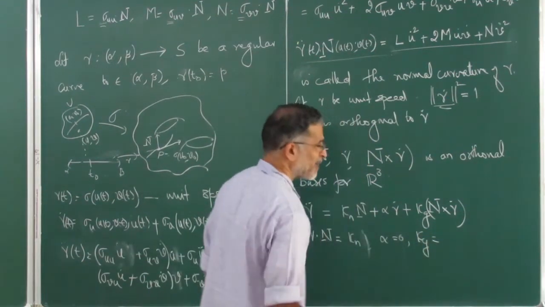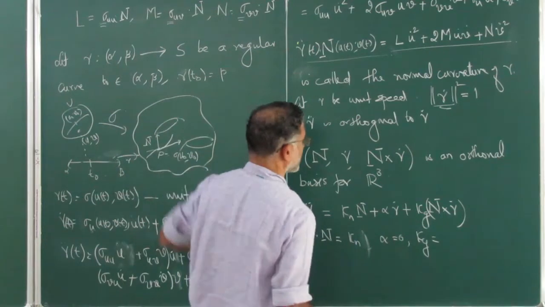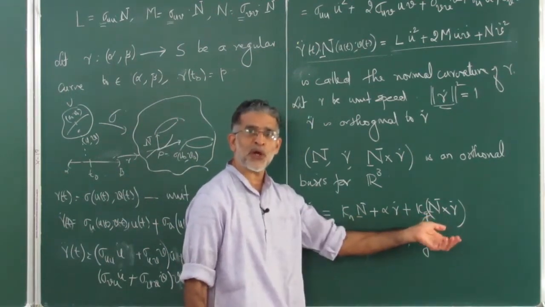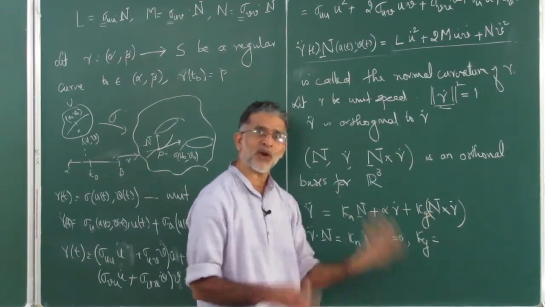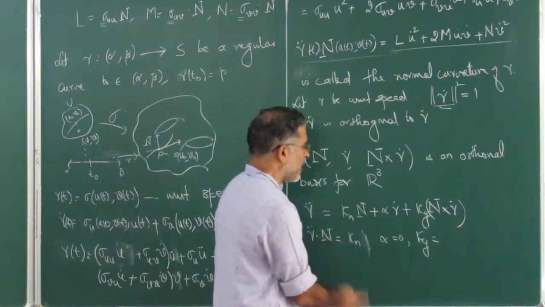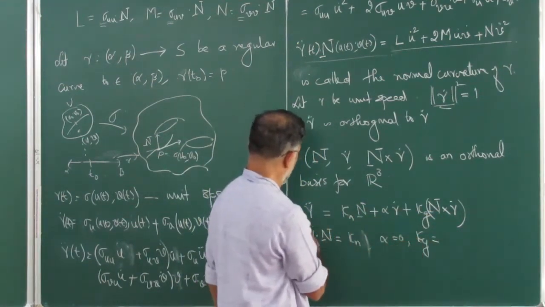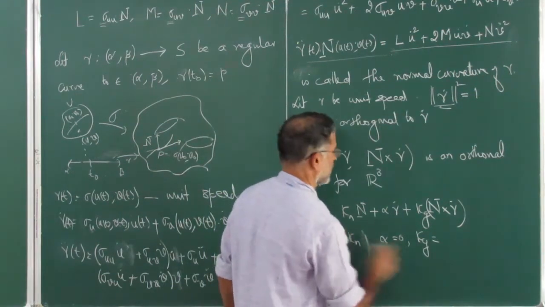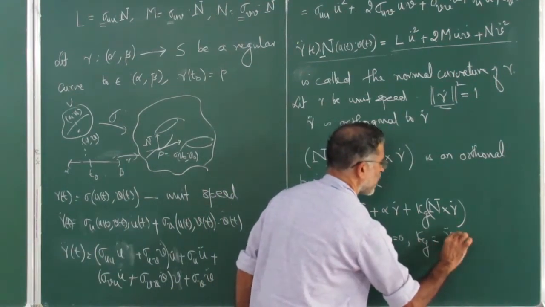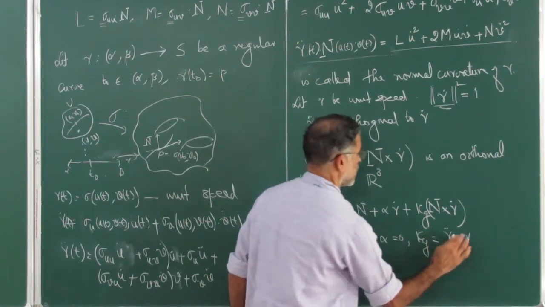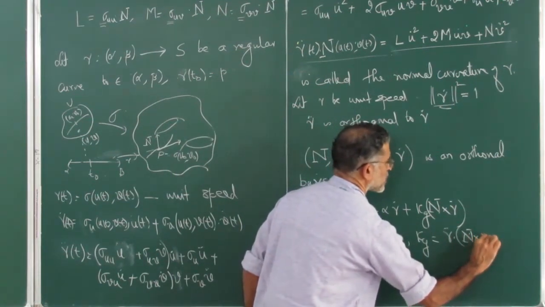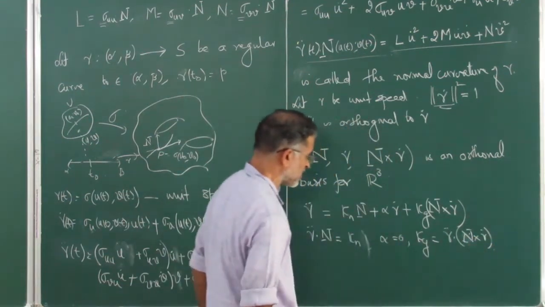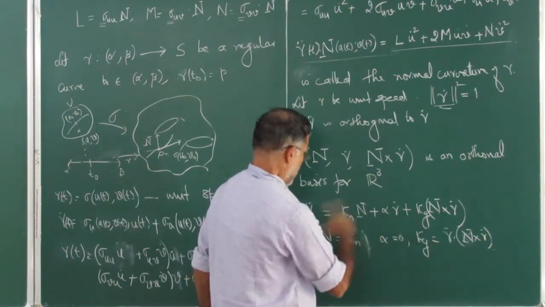What is Kg? This is very standard, as I observed in the beginning. If you have an orthonormal basis and you want the coefficients, just take the dot product with them, and the others automatically go. So now again take gamma double dot dot n cross gamma dot. We have no idea what it is, that is the other side.